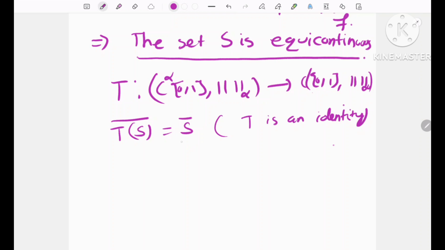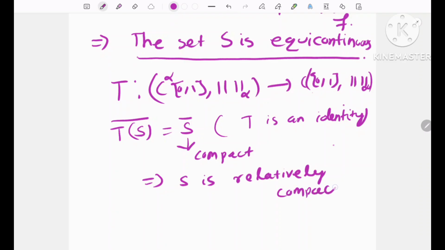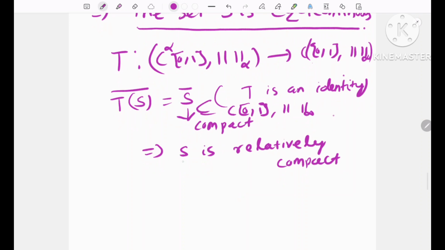We have to show that S closure is compact, meaning S is relatively compact in the codomain space C01 with respect to the supremum norm.